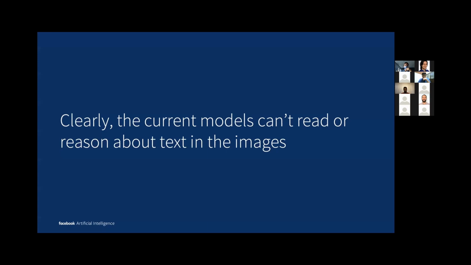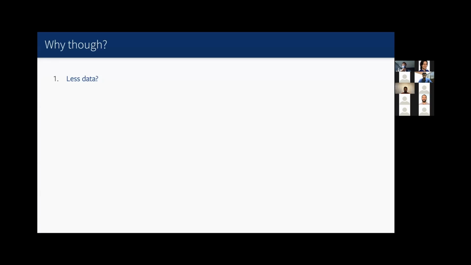This basically led us to understand that there is no sense of reading or reasoning about text in images in the current reasoning models. So the first question that came to mind is, why exactly is this happening? Is it due to less data, which would be the more obvious case, if the data in the current datasets is not enough to learn these capabilities automatically?